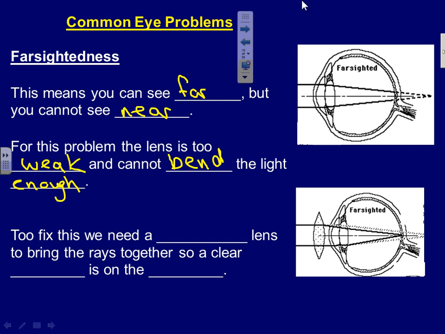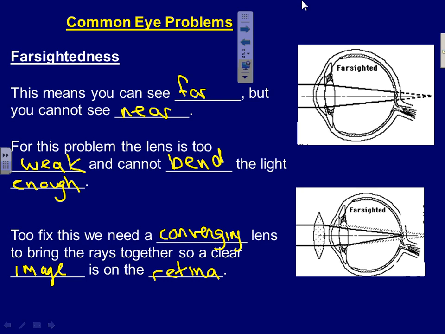Converging. We need a converging lens to bring the rays together so a clear image is on the retina. Can you start a fire with a converging lens? Yes, you can. Mine are pretty weak, so I don't think I could actually start a fire because it doesn't collect enough light. But with converging lenses, you can do that.